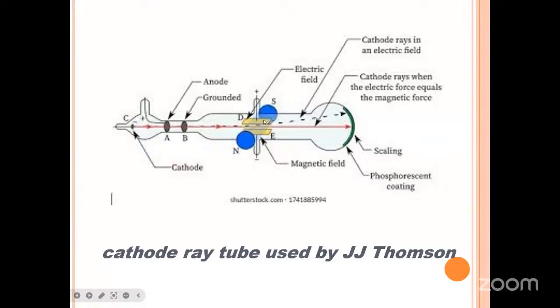If the forces are equal, they balance themselves out and it will go straight. If one is more than the other, it could go up or it could come down. This place is scaled, and this is what was used to do the following calculation. So we have these calculations.